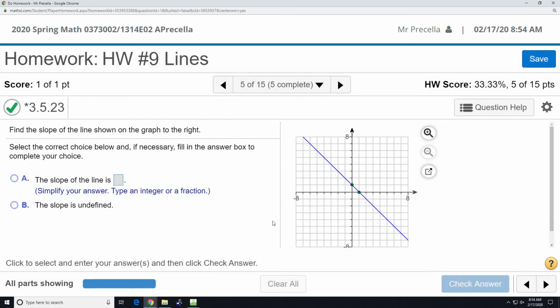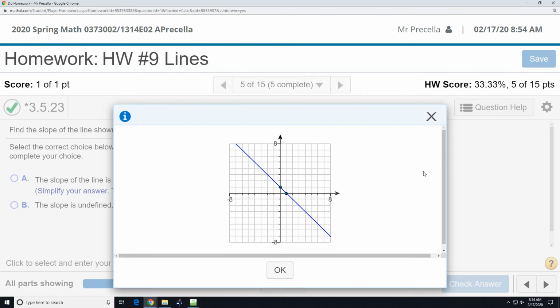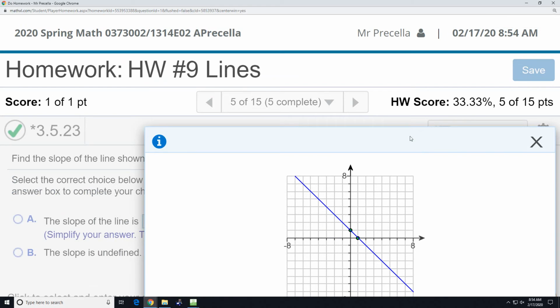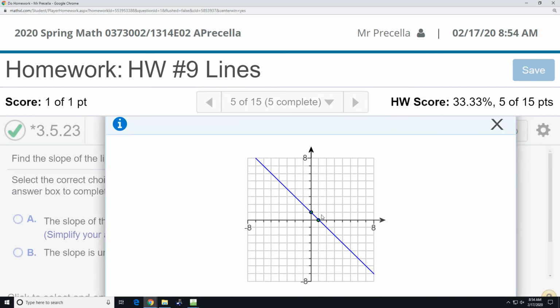Let's do one more of these. This is still number 5. I just said similar problem. Okay, heck, let's start at the top and go to the bottom. What would this rise be?